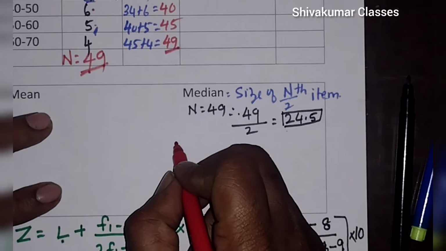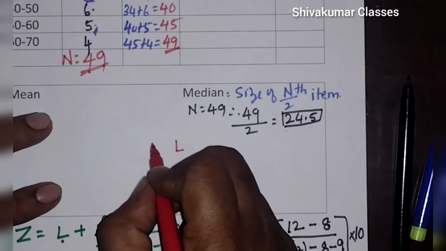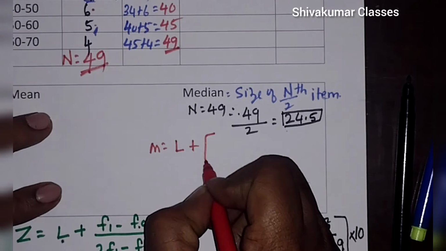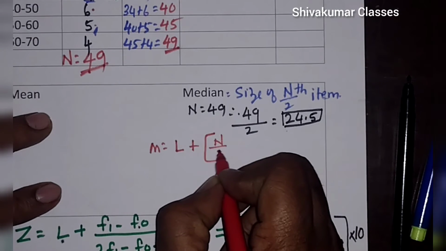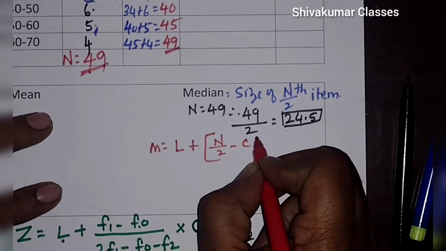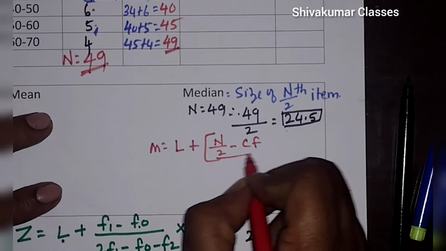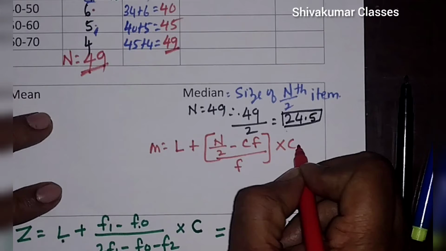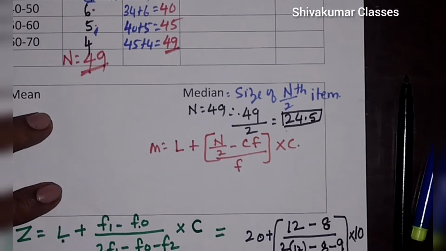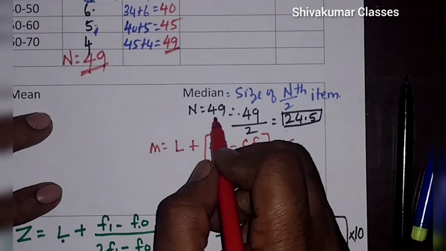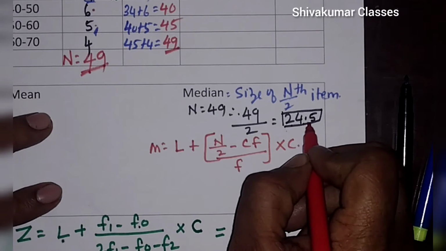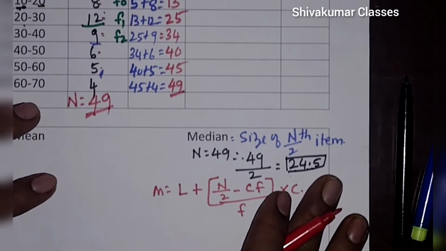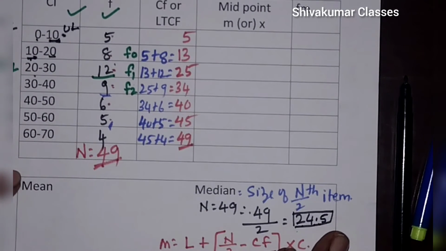Now I need to apply the median formula. Median is equal to L plus (n by 2 minus CF) divided by F into C. Now, the size of n by 2, I got 24.5. Where does the 24.5 lie in the cumulative frequency?